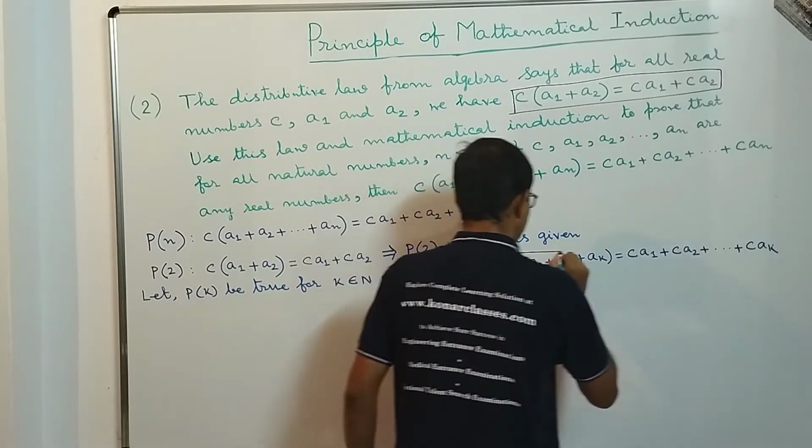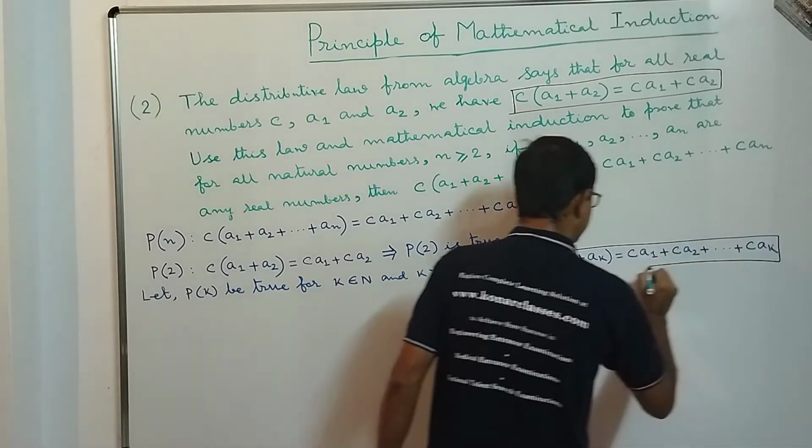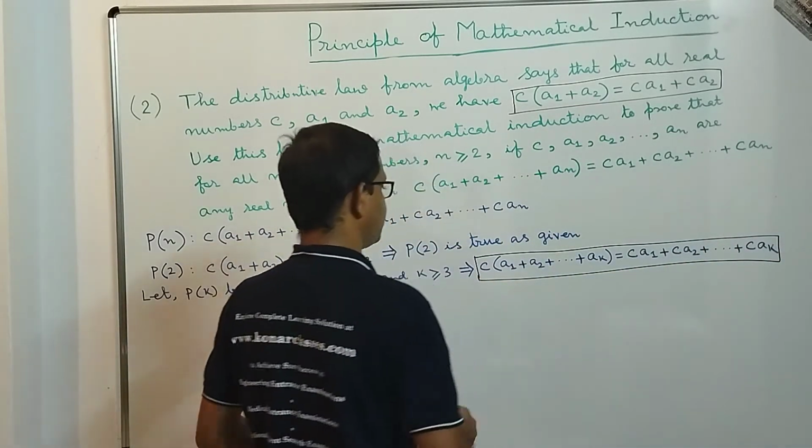So this is our assumption. Correct, dear students? Now what do we need to prove? We need to prove that Pk plus 1 is true.